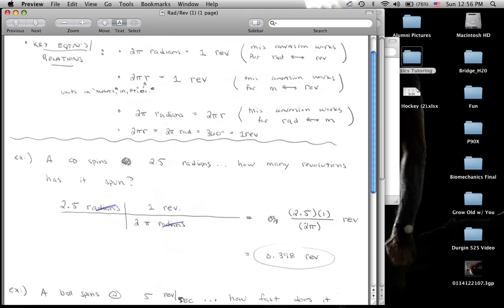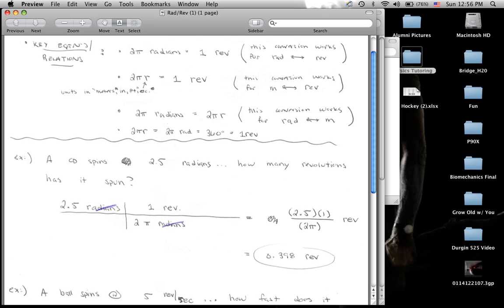So then the question is, do I put revolutions on top or on bottom? In this case, I want to put 1 revolution on top and 2 pi radians on the bottom because I can get the radians to cancel. Radians is technically a unitless unit, but when you're using conversions, you still want to account for it.